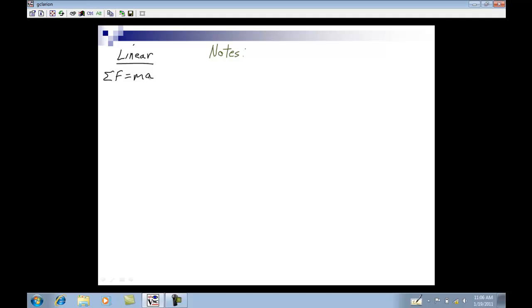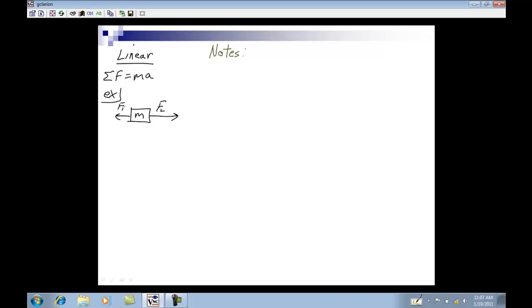And so our example that I want to give you is like this. If you'll remember, what this means is this. If I've got a mass m, and I'm going to apply a couple forces. Let's call that F2 to the right, F1 to the left.